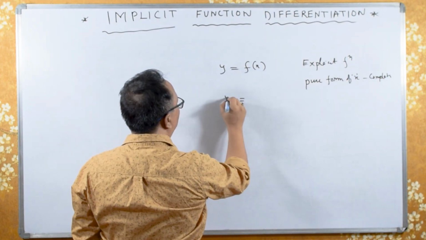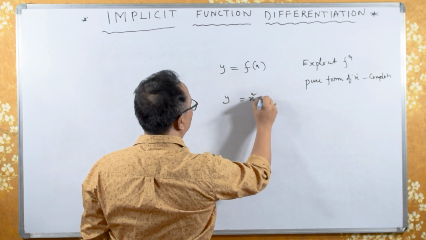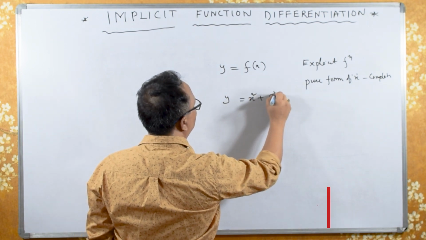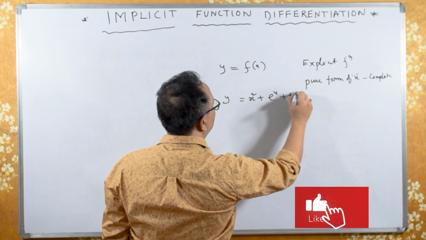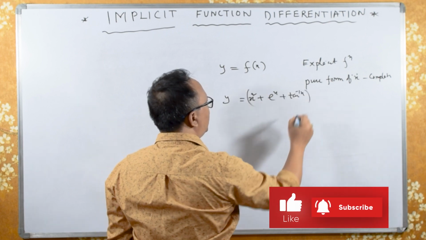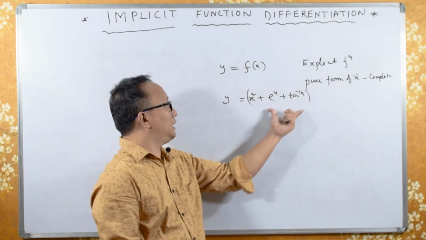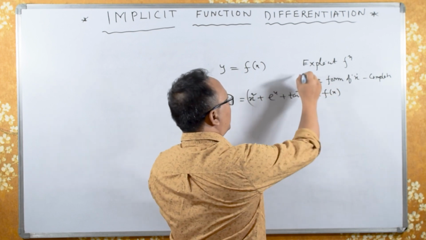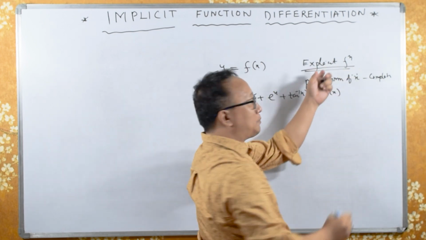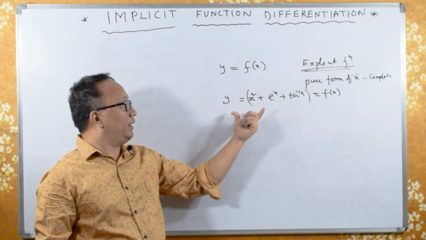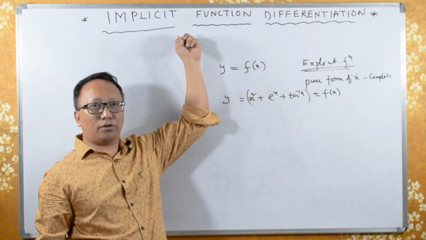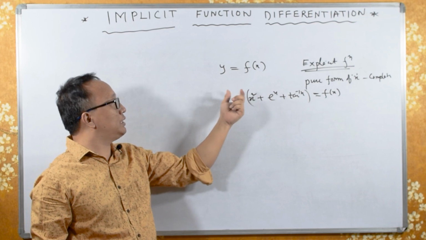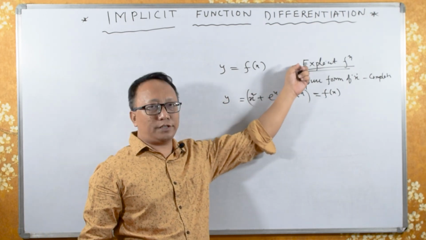For example, if y equals x square plus e raised to x plus tan inverse x, this is a function of completely x. Therefore these types of functions are called explicit functions. Whatever differentiations we have done are mostly these explicit functions.